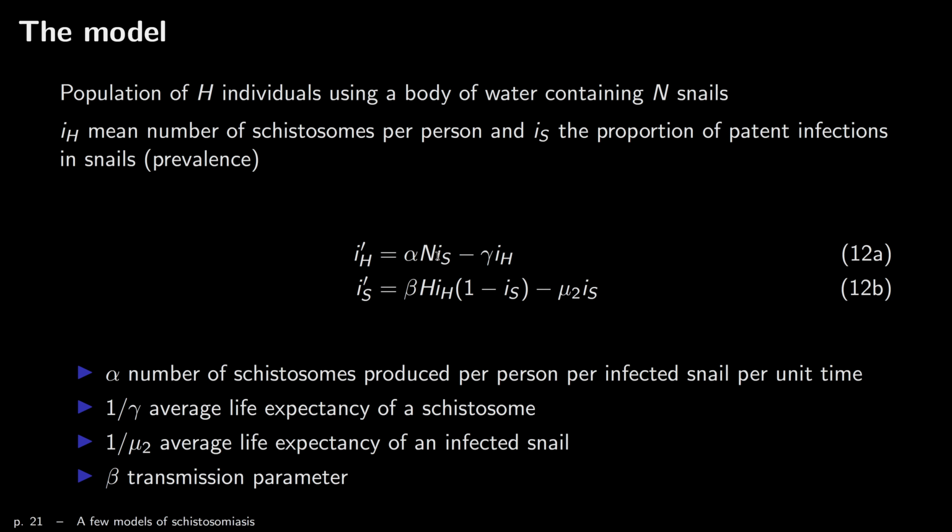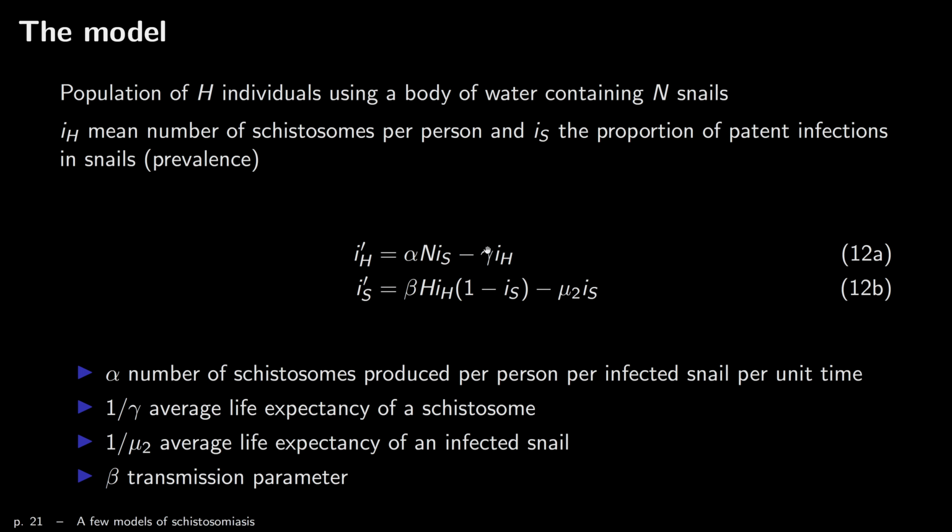Okay, so we have the number of schistosomes per person increases this way, and you can see the alpha here is the number of schistosomes produced per person per infected snail per unit time.